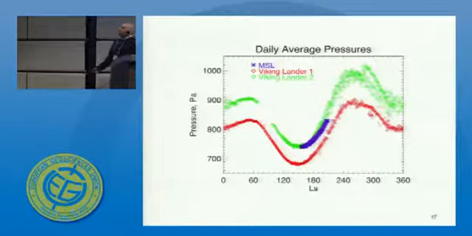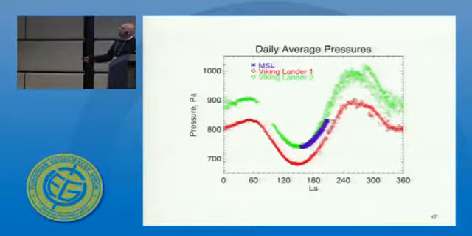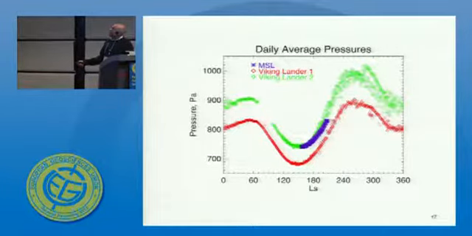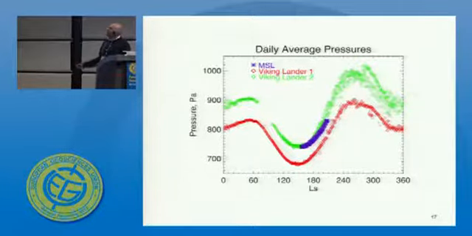And here you see a comparison between the pressure measured over the first 100 sols here in MSL, and compared with the measurements by the Viking 1 in red and Viking 2 in green.